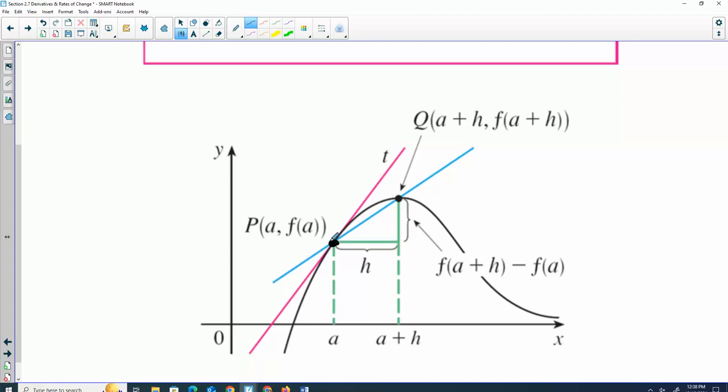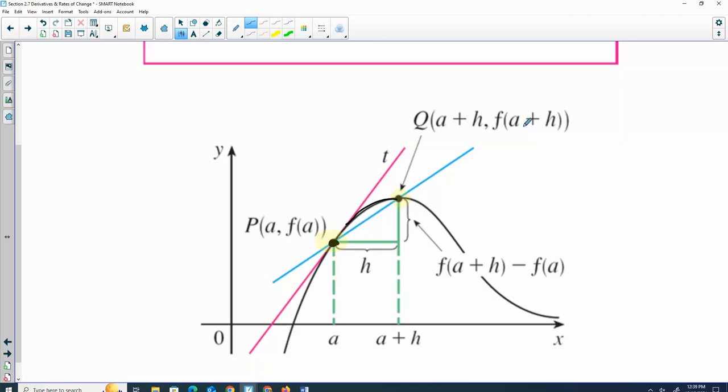That's a genius move. So it's saying if this is the point I'm concerned about, A plus H would be a little bit past that, right? If H is going to 0, what's happening to these 2 points? If my H is getting smaller, it's getting closer and closer to the actual point.